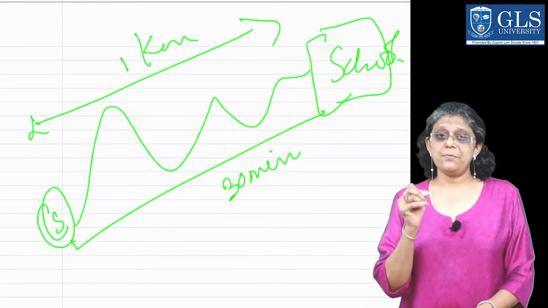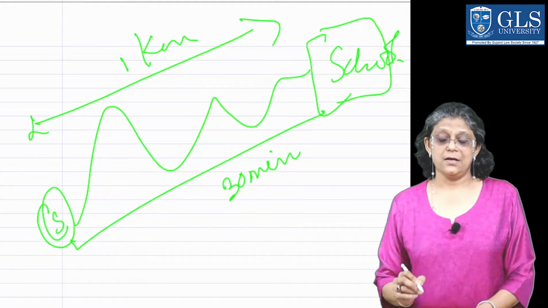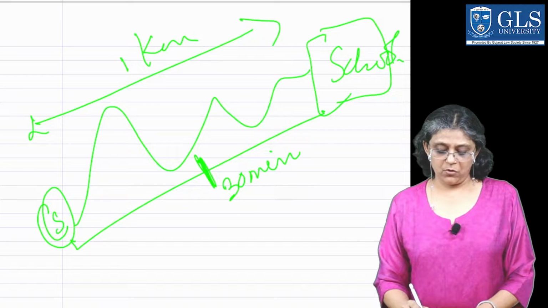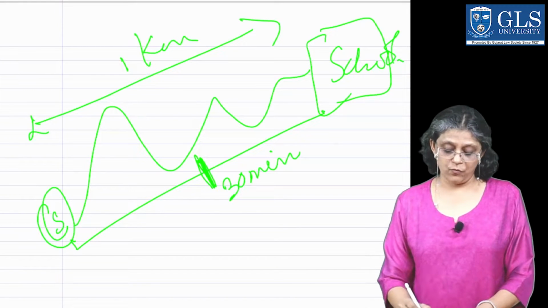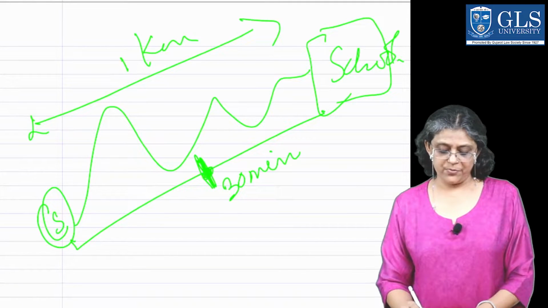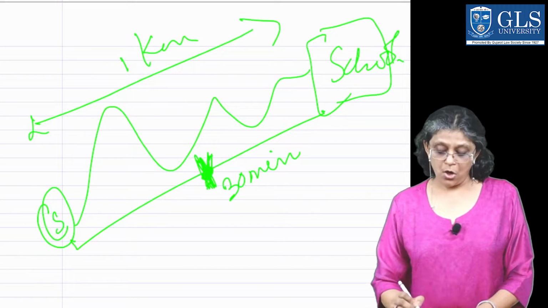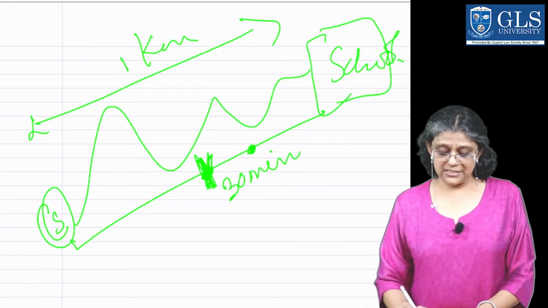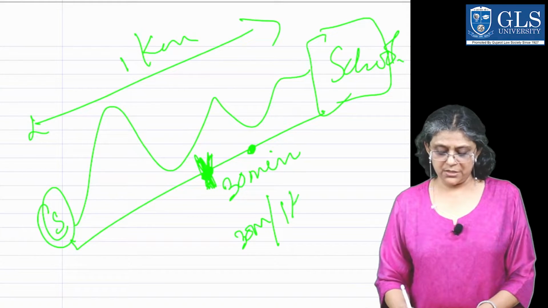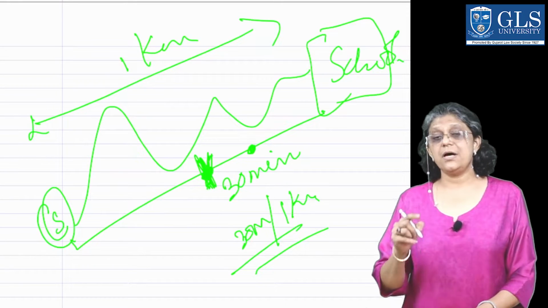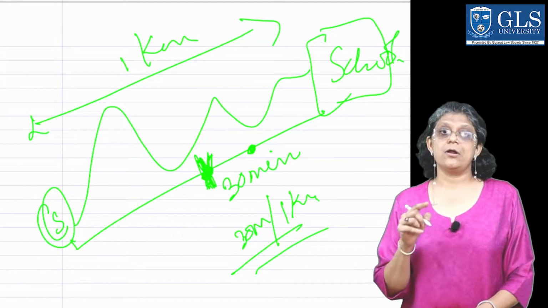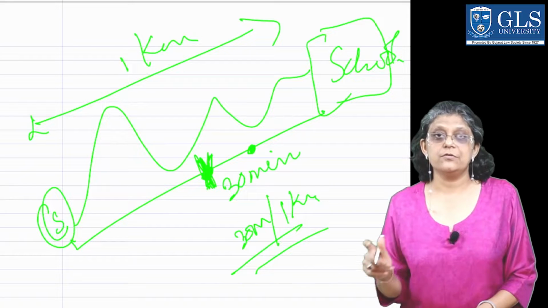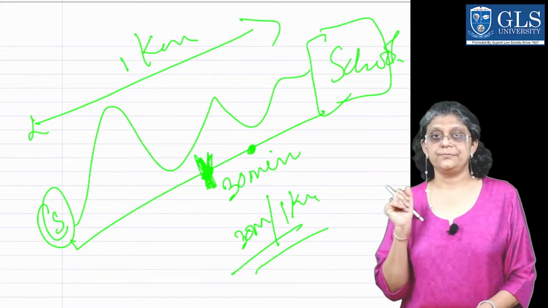So does that mean that I know the time or the distance covered at this particular point or at this particular point? Because when I say it is 30 minutes per kilometer, that gives me the average time covered from home to the school.